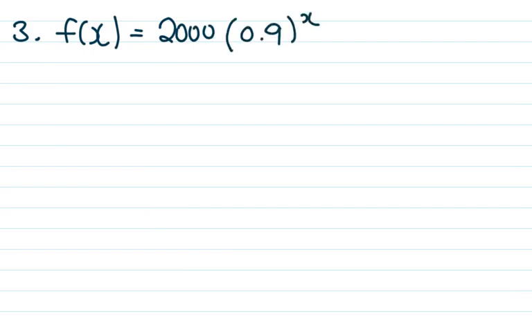Number 3. f of x equals 2,000 times 0.9 to the power of x. Our base here is 0.9, which is between 0 and 1, which means this is going to be exponential decay. Our initial amount is 2,000.